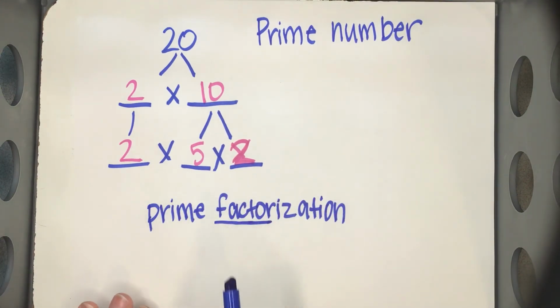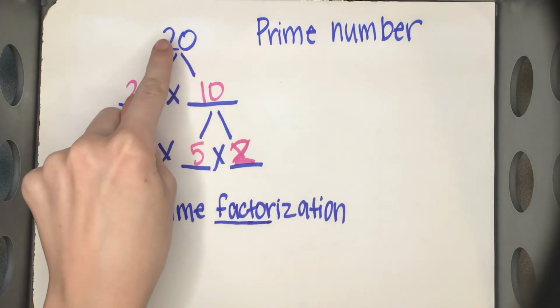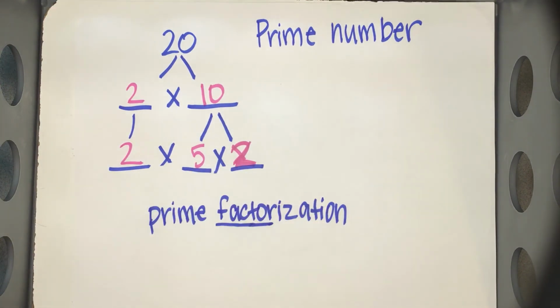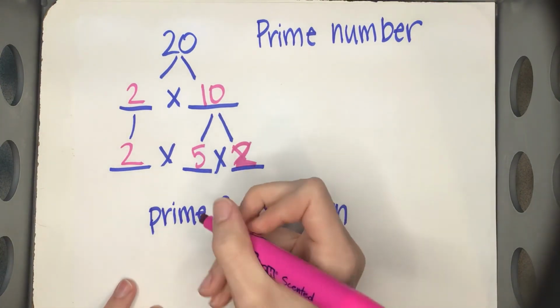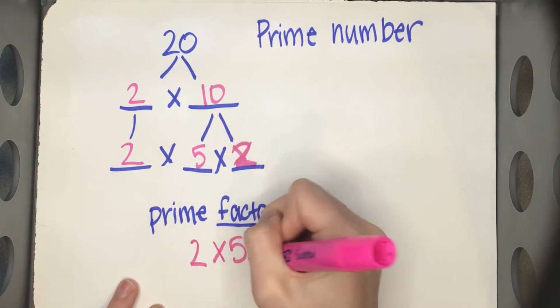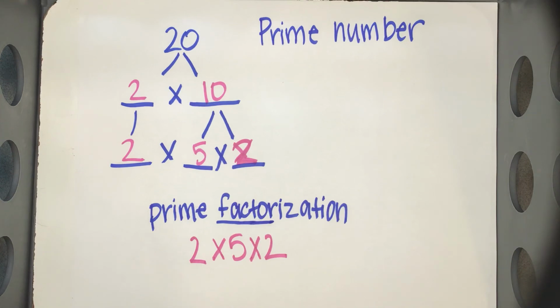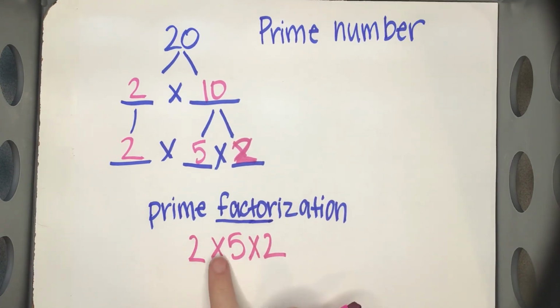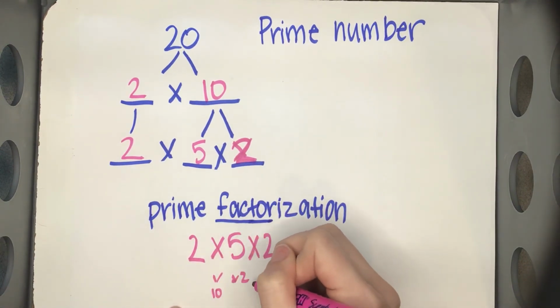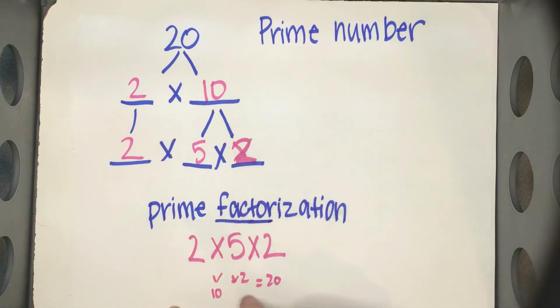So the prime factorization, or what are the prime numbers for 20, would be 2 times 5 times 2. And watch, if I were to solve this, I would have 2 times 5 is 10 times 2 equals 20. This equals 20.